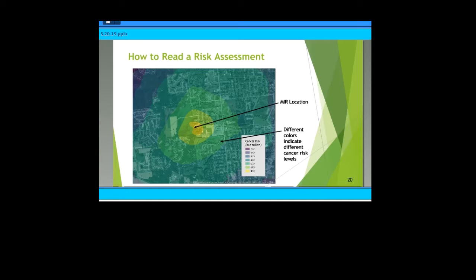So that was looking historically. What we do is look forward. We start at today, or whenever we do the risk assessment, and we estimate the potential cancer risk going forward for a period of 70 years.